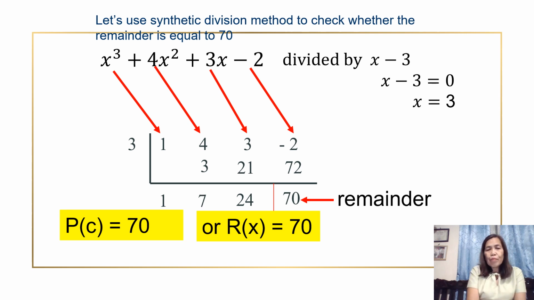Oh, so ang hinahanap lang naman dito ay remainder. So hindi na natin kailangan i-put ang variables back. Katulad ng ginawa natin pag kinukuha natin yung quotient. Ang concern lang naman dito is the remainder, which is always the last number in every synthetic division solution. Okay?